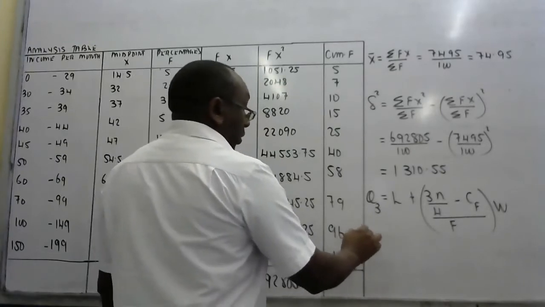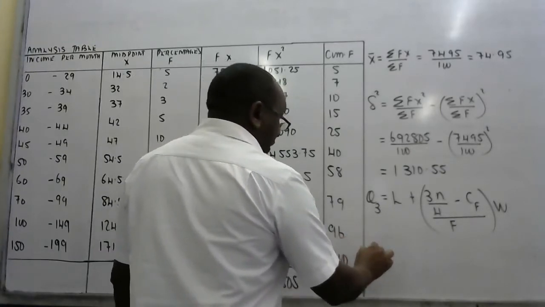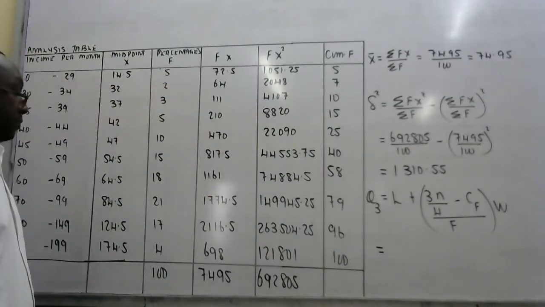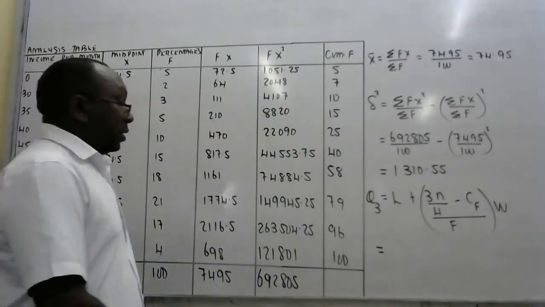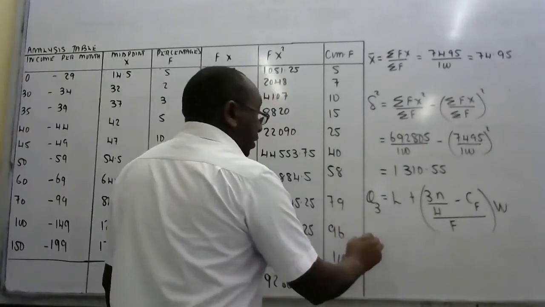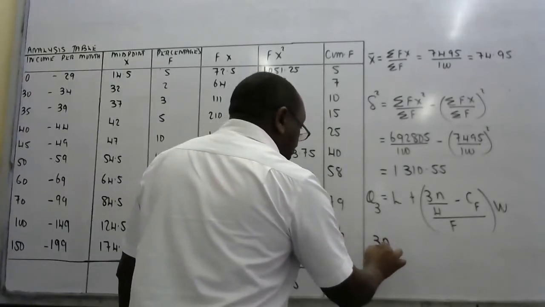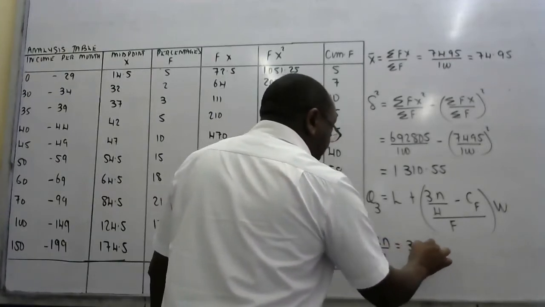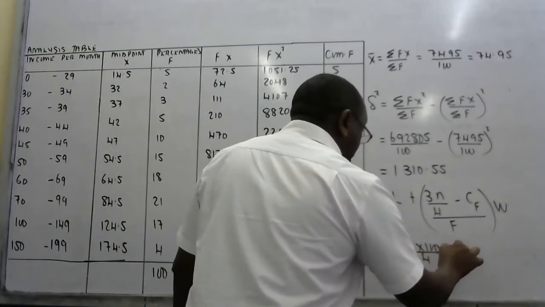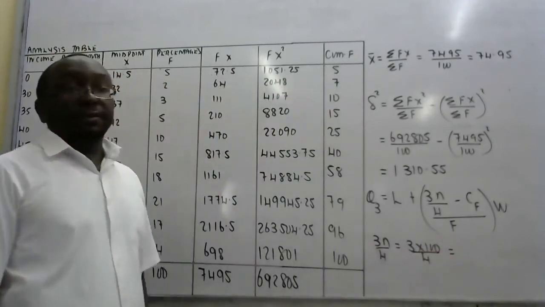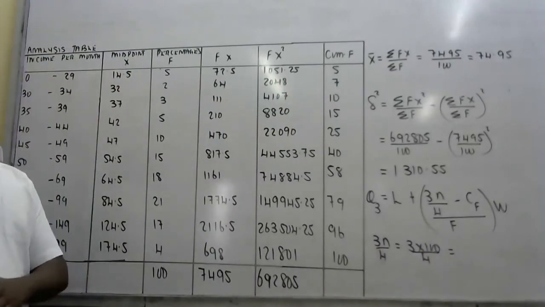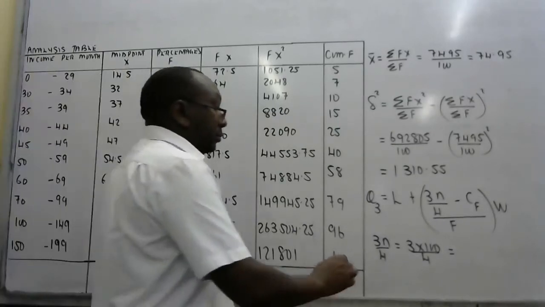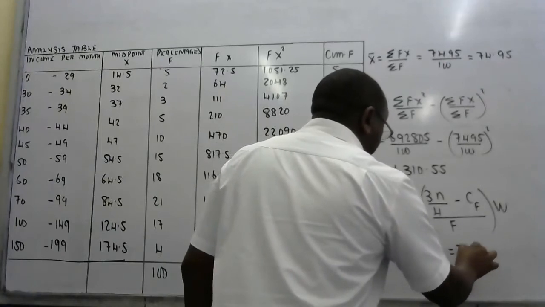So we will need first of all to get 3N out of 4, which is 3 times 100 out of 4. 75.